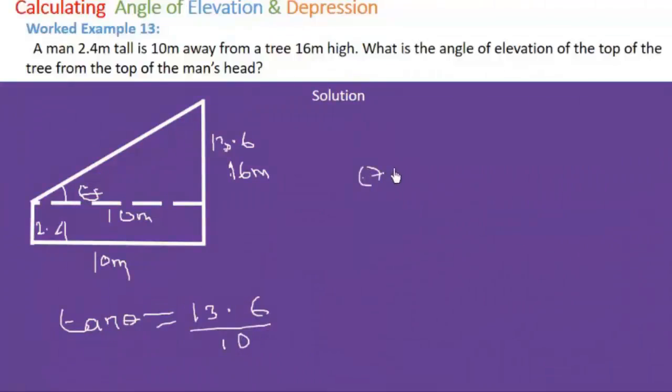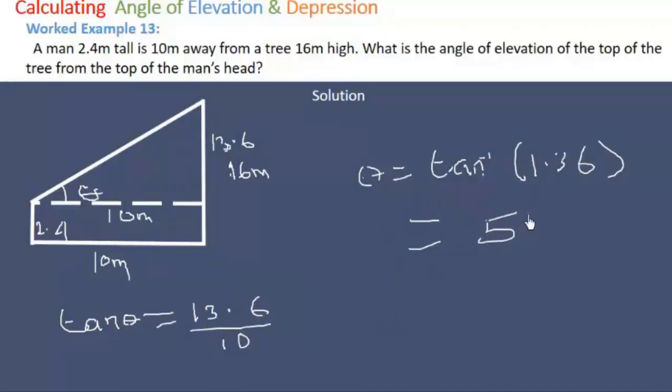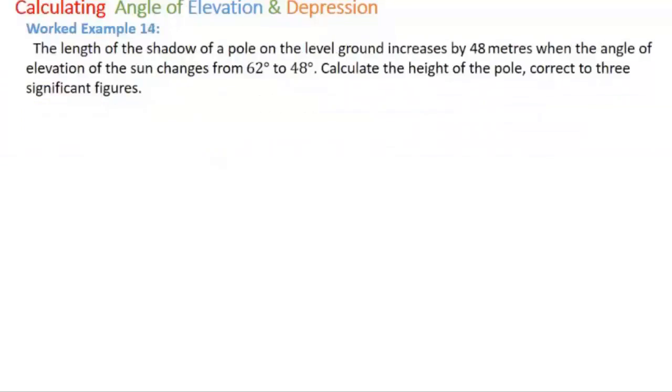So theta will be equal to the tan inverse of 1.36. So this will give us 53.67 degrees, to 2 decimal places.